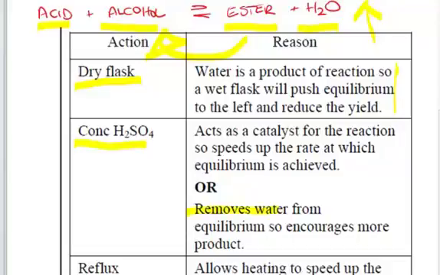It's a dehydrating agent, which makes more product form really, and it also acts as a catalyst. So the rate at which equilibrium is achieved is increased as well. So those first two, the dry flask one, I would actually expect that most students wouldn't be aware of, but the concentrated sulfuric acid one you should be.